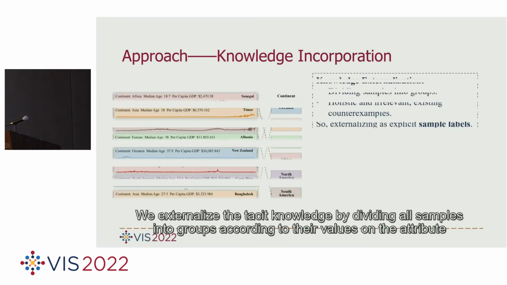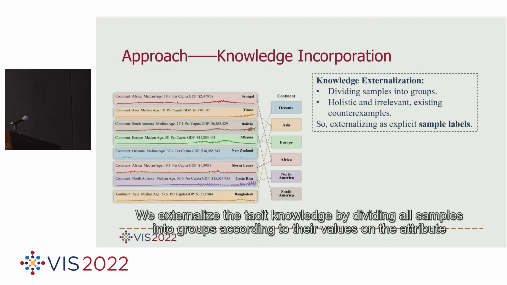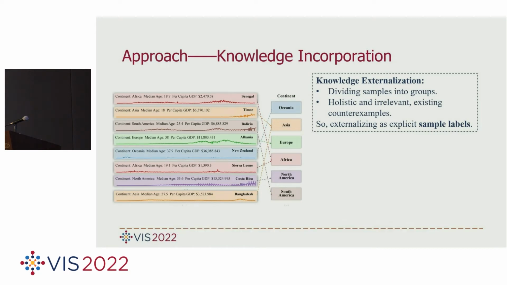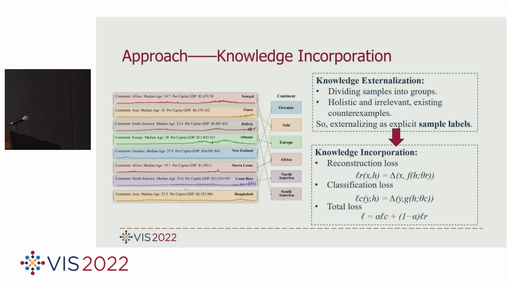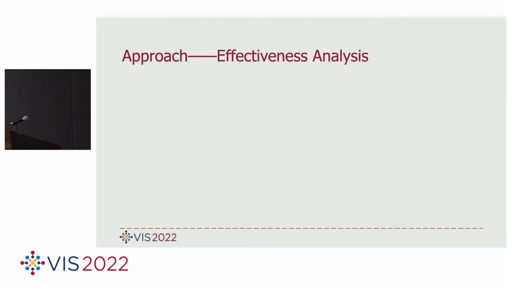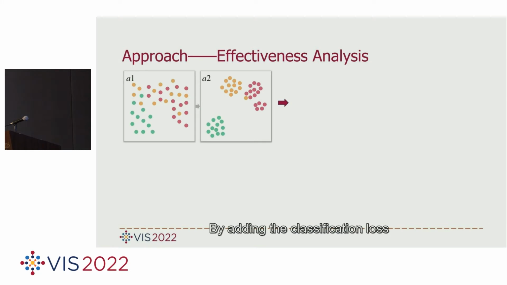We externalize the tacit knowledge by dividing all samples into groups according to their values on the attribute. We then use group indexes as sample labels and incorporate the knowledge into embeddings through a classification loss. By adding the classification loss, the projection has three changes.